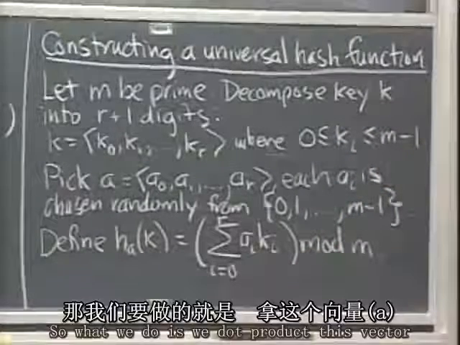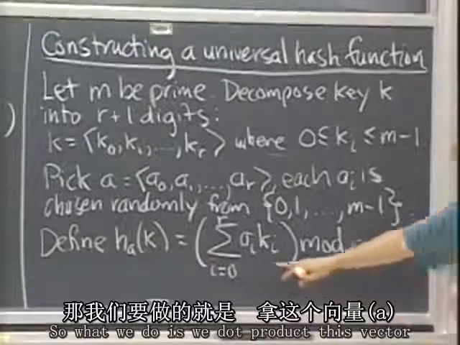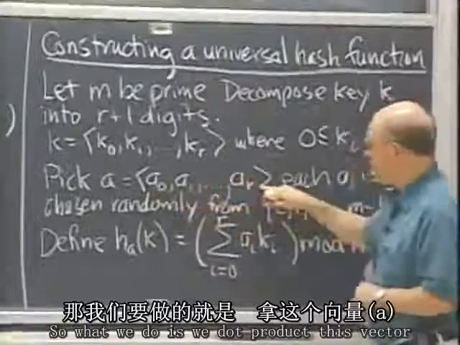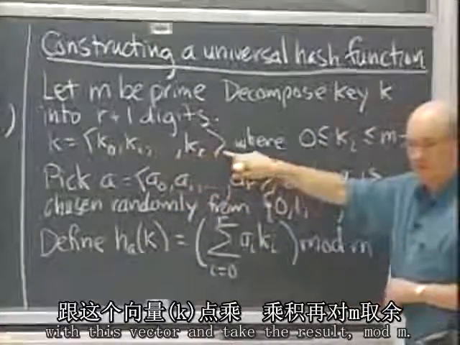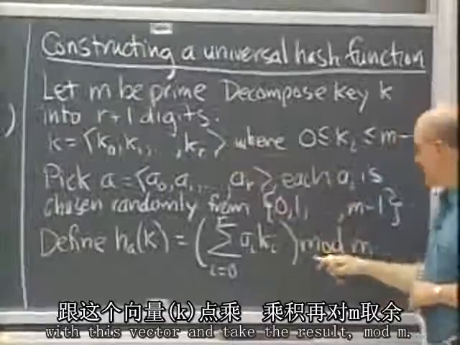So what we do is we dot product this vector with this vector, and take the result mod m.